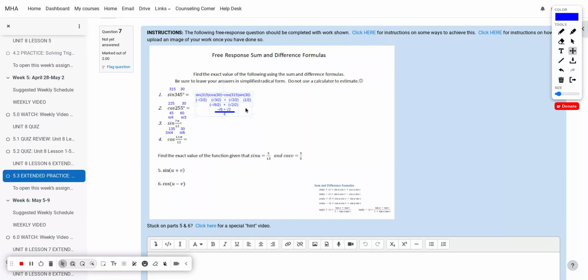Alright, there we go. That should give me enough space. So that's how you do that one. As you can see, it's not too complicated. It's actually pretty easy to do this.